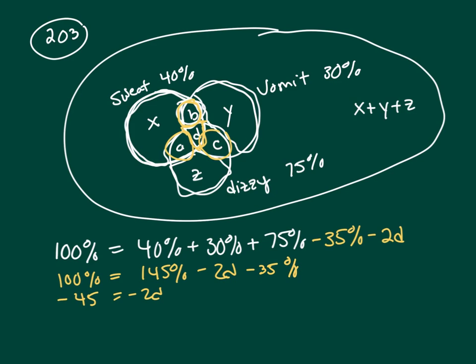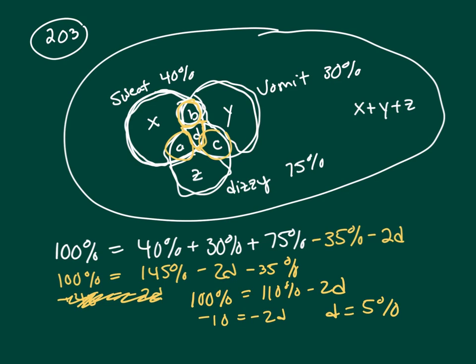Let's erase that. So this is 100% equals 110% minus 2D. So that's going to give me a minus 10 equals a negative 2D. So that tells me that D is 5%.